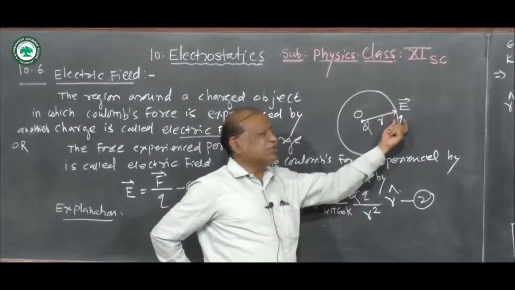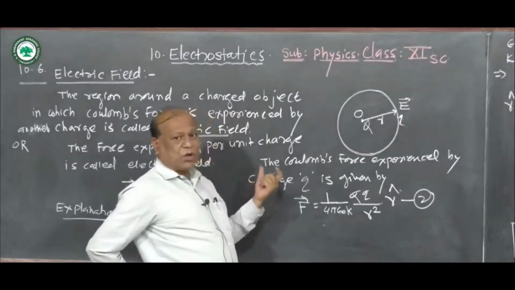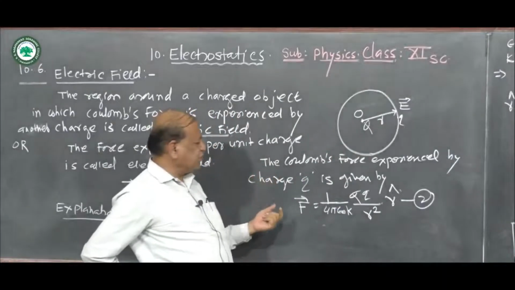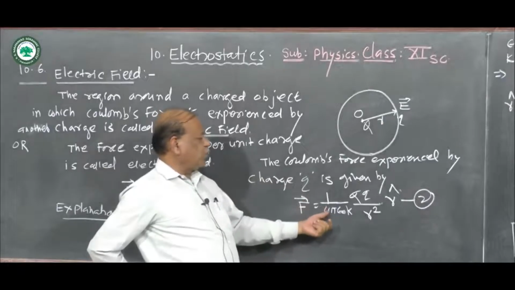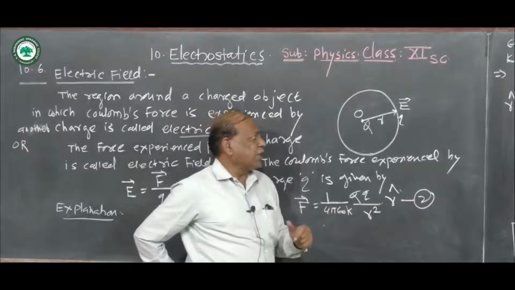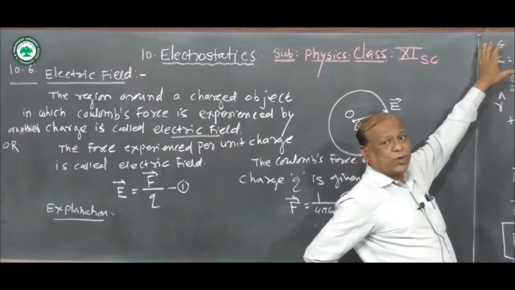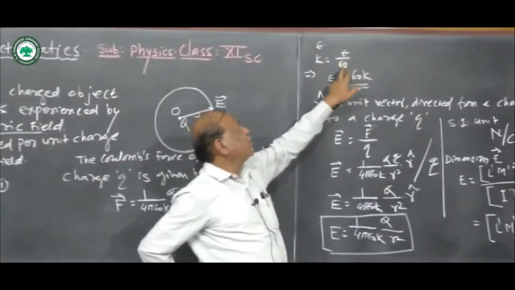At that time this charge experiences a Coulomb's force according to Coulomb's law in electrostatics, that F is equal to 1 upon 4 pi epsilon 0 k, q Q upon r square into r cap. Now here you know the dielectric constant or relative permittivity is epsilon upon epsilon 0.